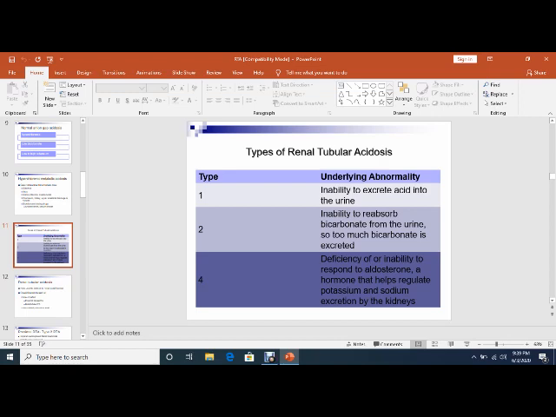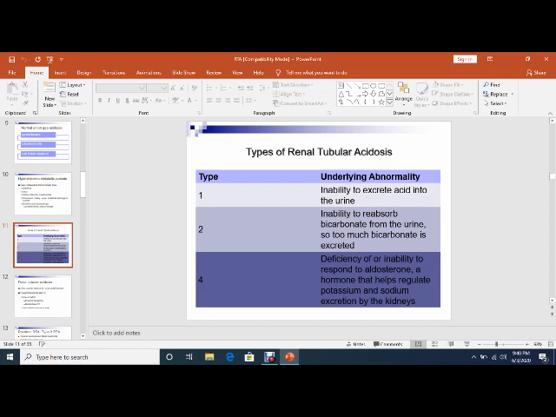So the difference between the two is, in type 1, inability to excrete acid into the urine, and in type 2, inability to reabsorb the bicarbonate from the urine. So too much bicarbonate is excreted.